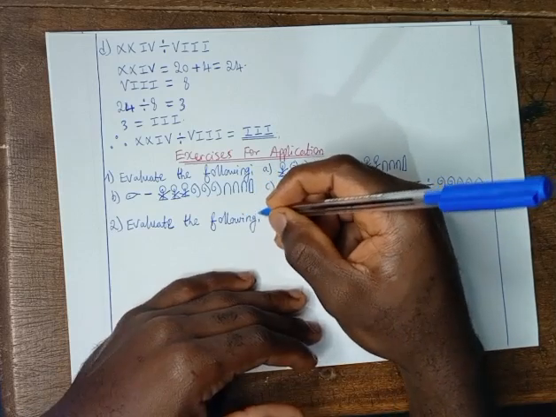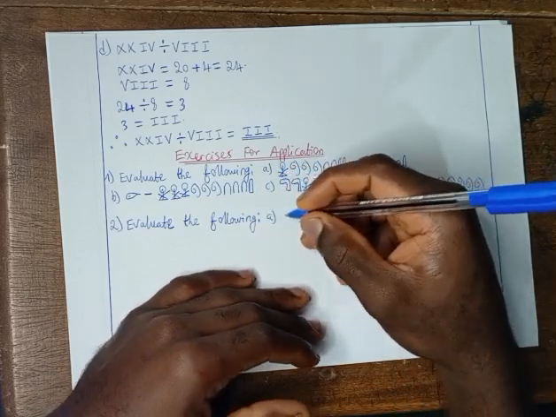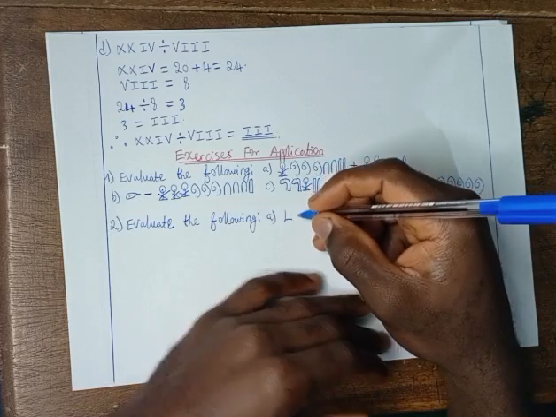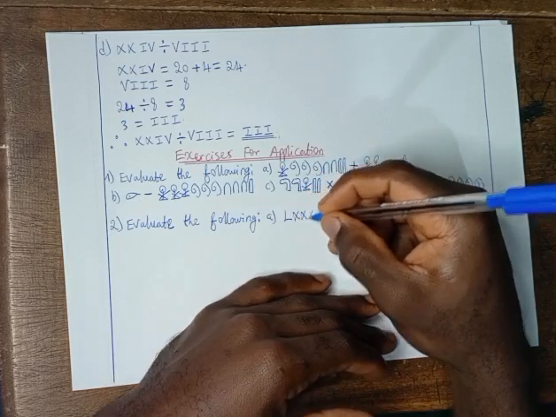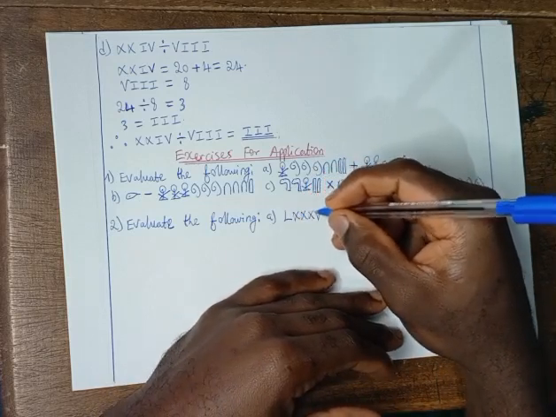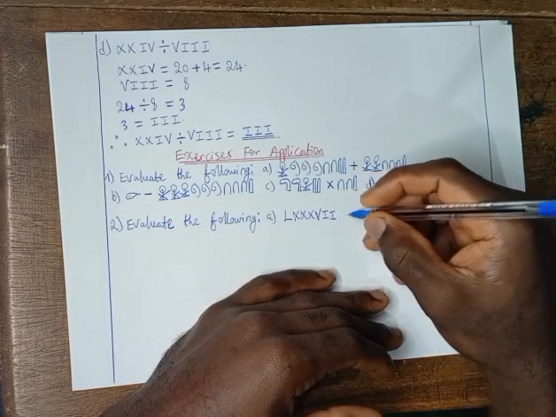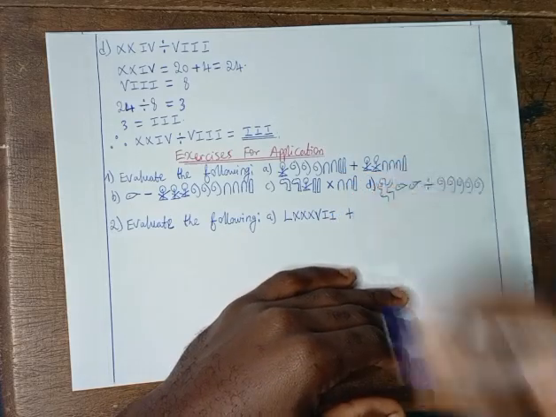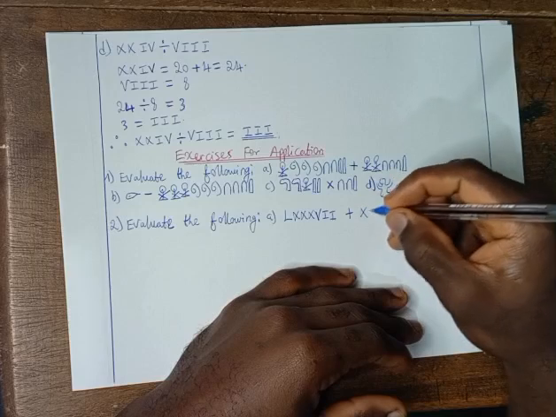In this case, the numbers are in Roman numerals. The first one we have LXXXVI, plus the second number which is XI.